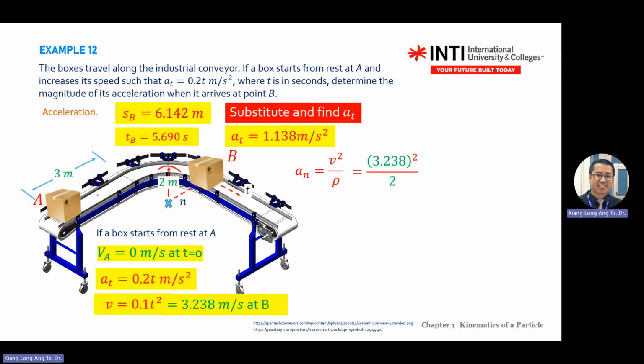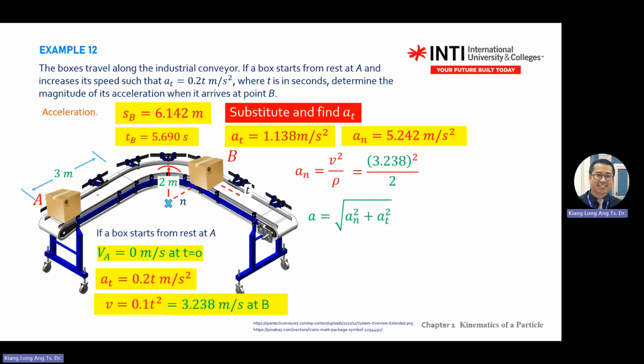You know your V, and you have AT, but you need to solve for AN. Again, go back to your notes there. AN equal to V squared over rho. Rho is the radius here, because this is a curve. AN and AT is for the curve. Don't use it for straight line. So once you do it, you'll find AN.